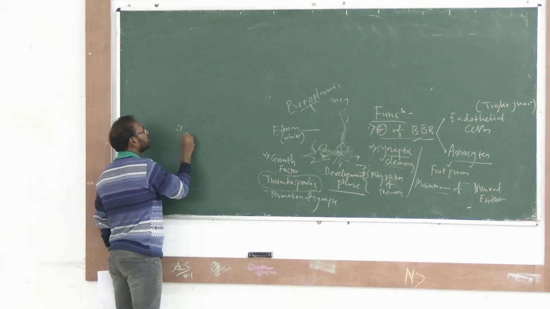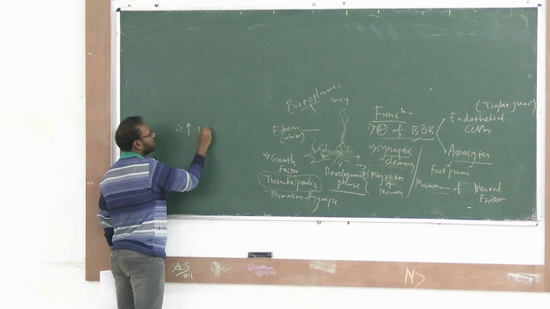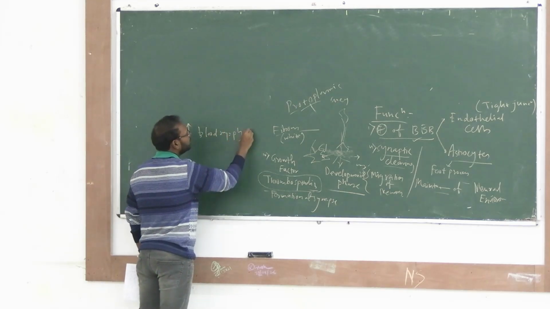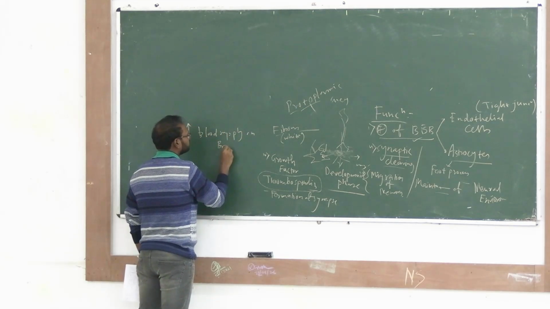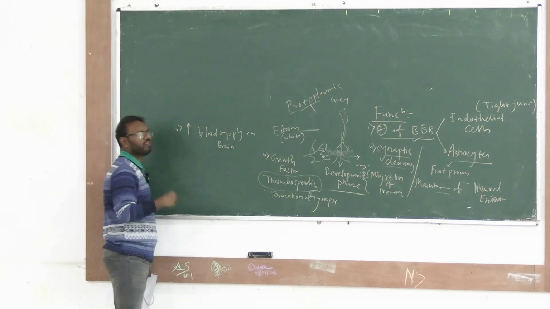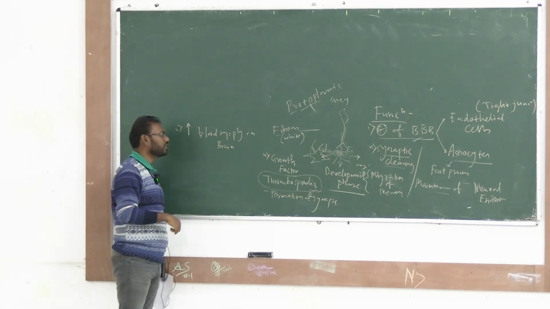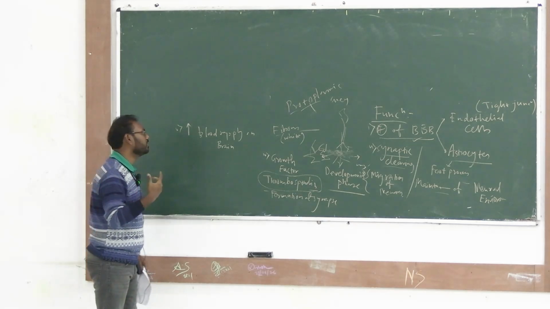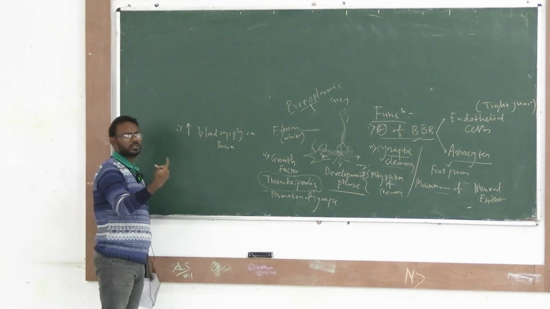Number five is increased blood supply in brain during specific functions. How do we assess which area is getting increased supply in any specific condition?